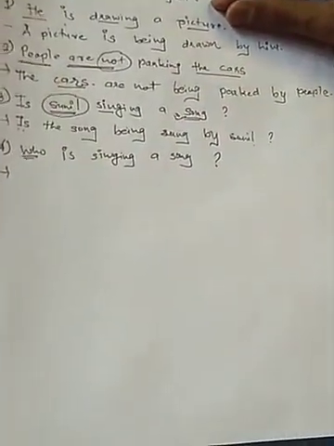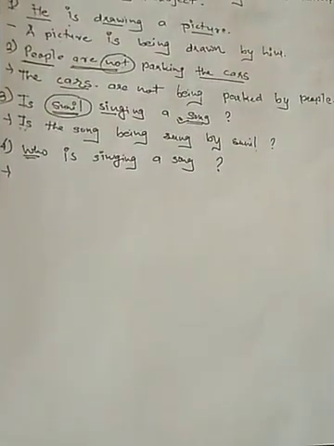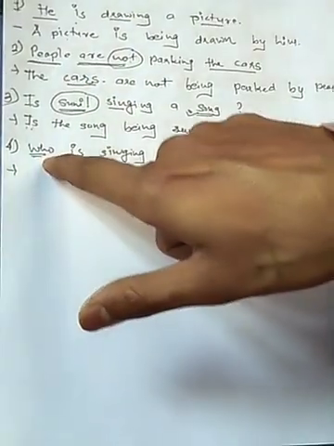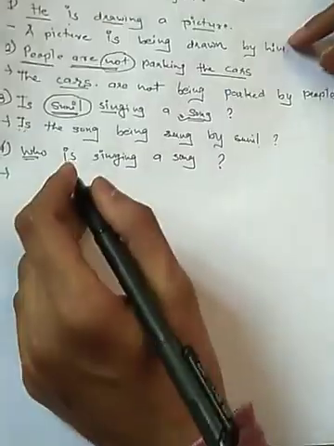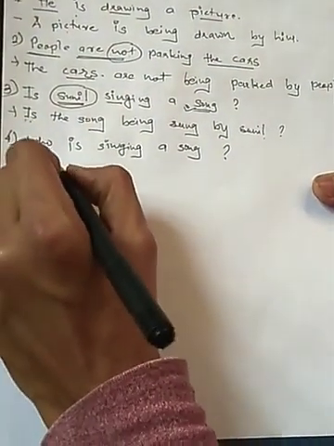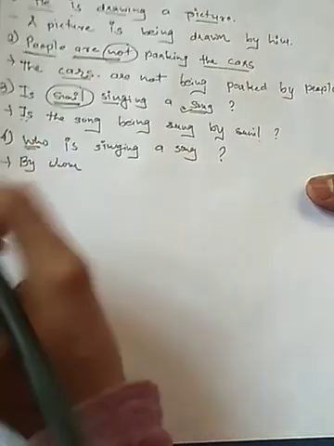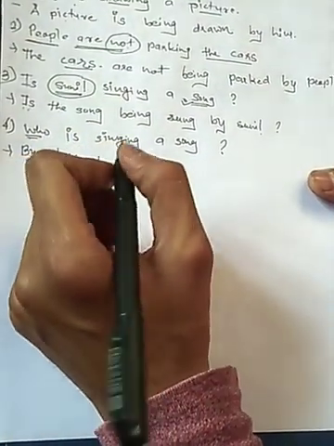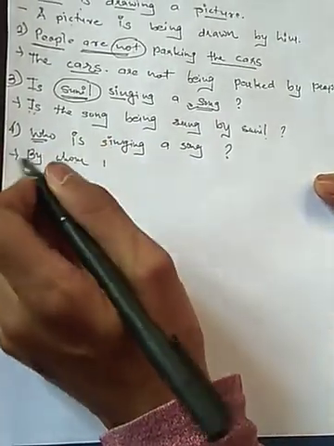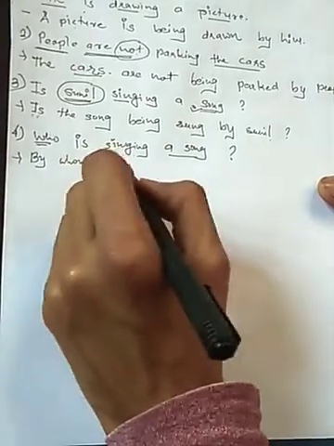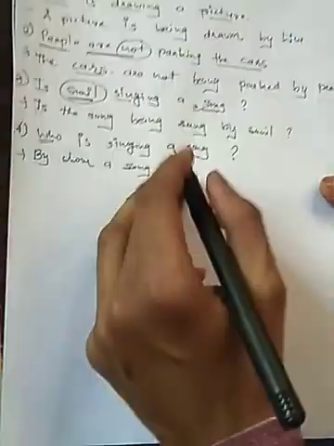As I have told you in the previous video, whenever your interrogative sentence is starting from who, instead of who you have to put by whom. Then after that you have to put the object, a song, by whom a song.